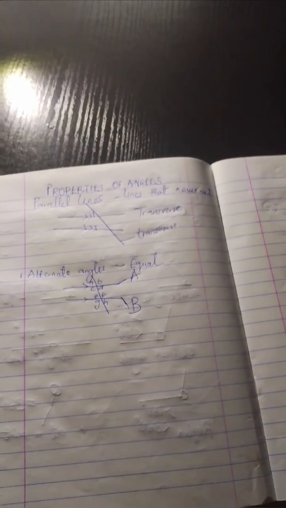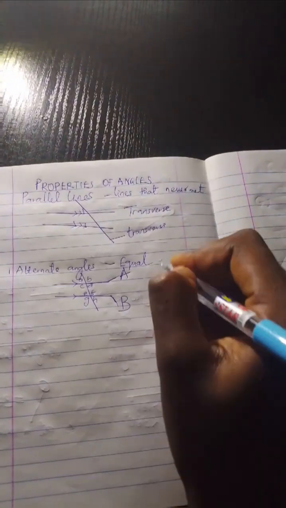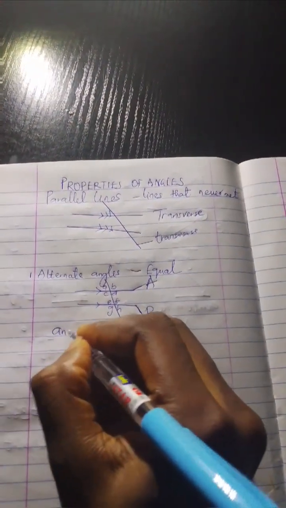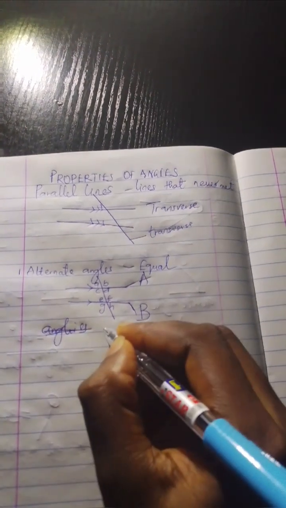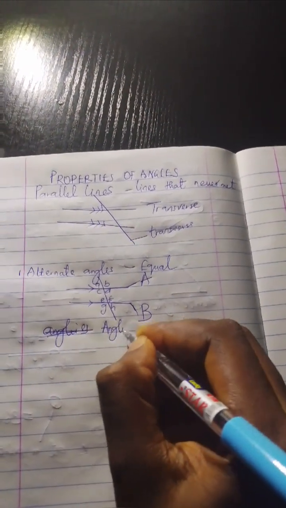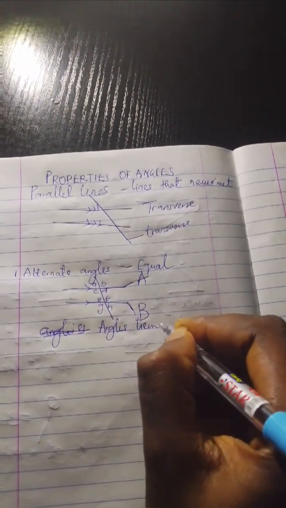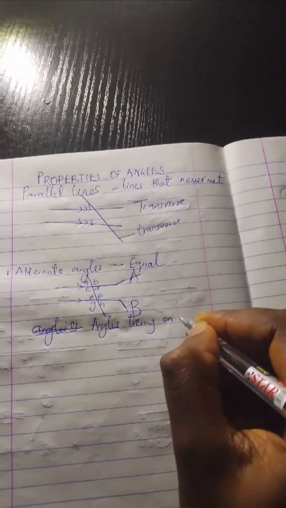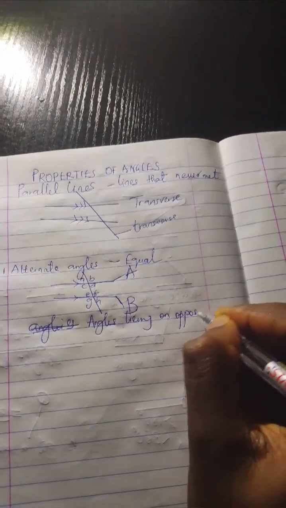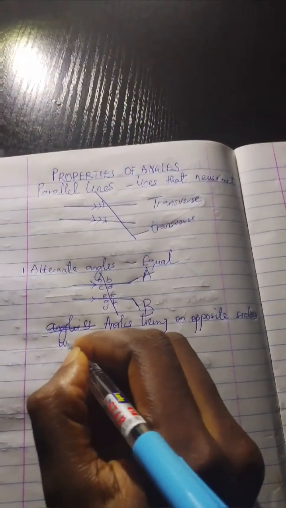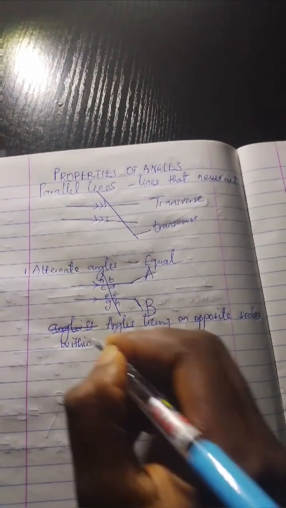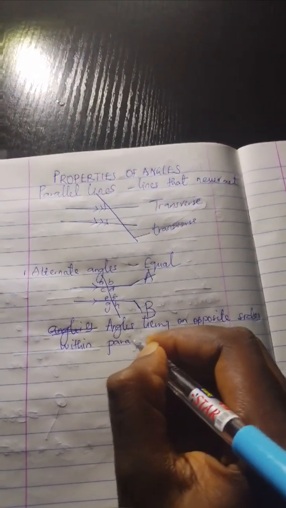So opposite sides within parallel lines, that's alternate angles. Alternate angles are angles lying on opposite sides within parallel lines.